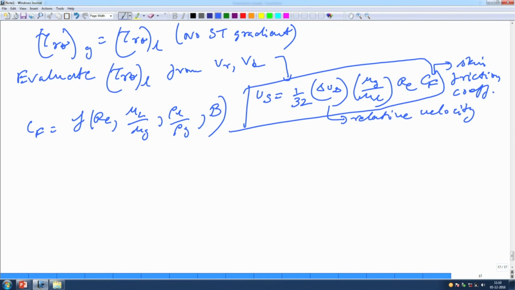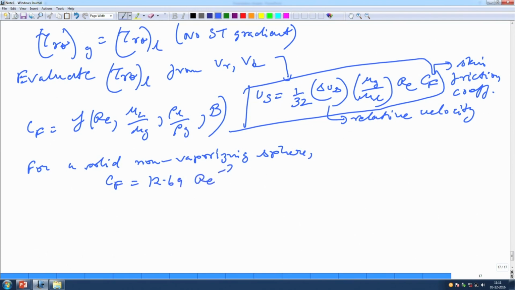Okay. Now, for a solid non-vaporizing sphere, again we move to the same type of analysis. Cf is basically given as 12.69 Reynolds number to the power of minus 2/3. This is valid for Reynolds number between 10 and 100, right.